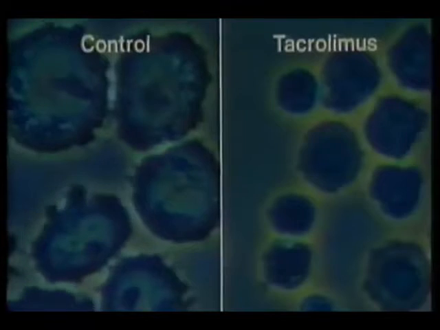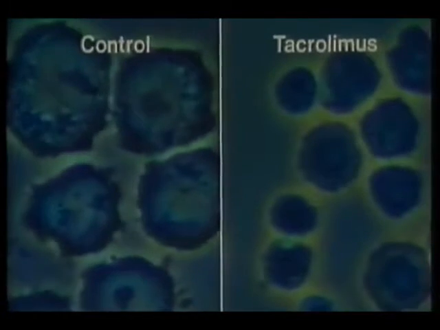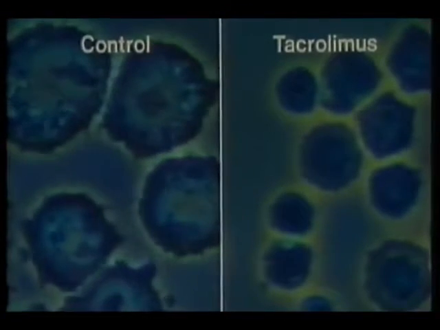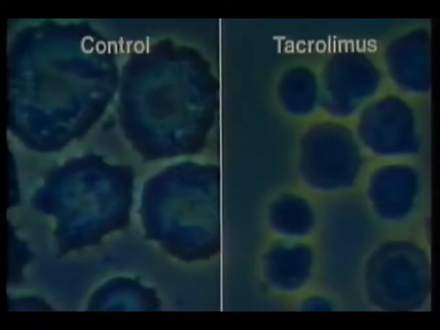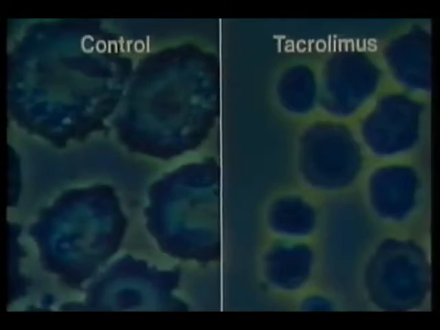As we observed before, the activated killer T cells contain many granules, but the killer T cells treated with tacrolimus are small, and the granules are few and not evident. Now let us take a look at what happens when we put the killer T cells, disposed of by tacrolimus, in contact with hepatocytes.